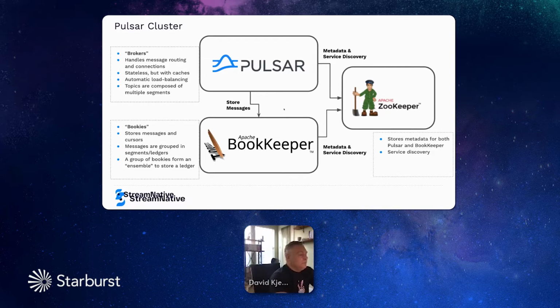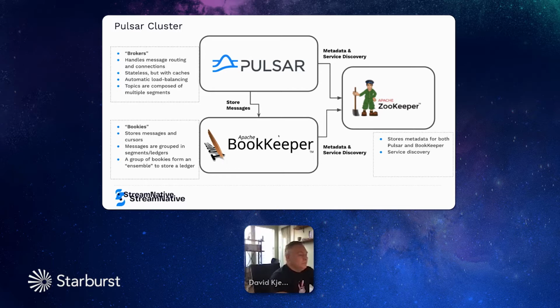So any broker can serve any topic at any given time, because the data is not stored with that broker, which is unlike other messaging systems that pin the data together in order to get some efficiency as far as data serving and data access. The architectural trade-off is made to have a separate tiered storage layer, which is powered by Apache Bookkeeper there at the bottom.